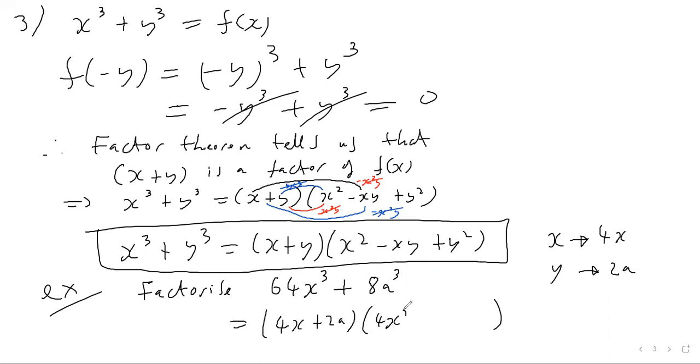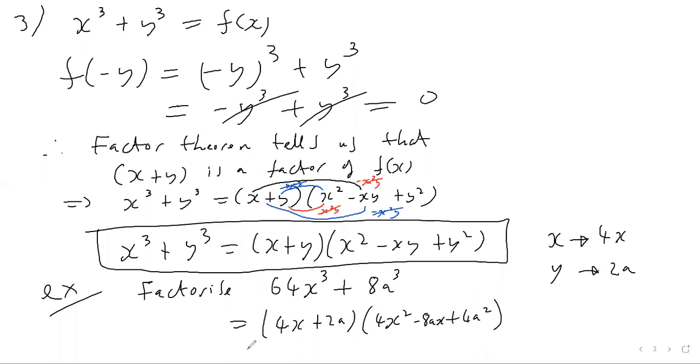Our y squared will be 2a all squared, so basically 4a squared. And then the middle, minus 4x times 2a, because x goes to 4x and y goes to 2a, so negative 8ax. So that would be our final factorization.